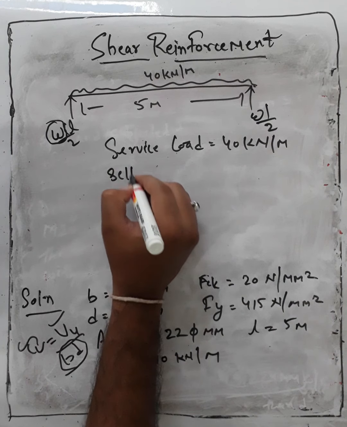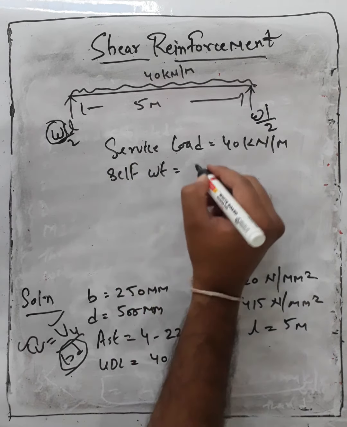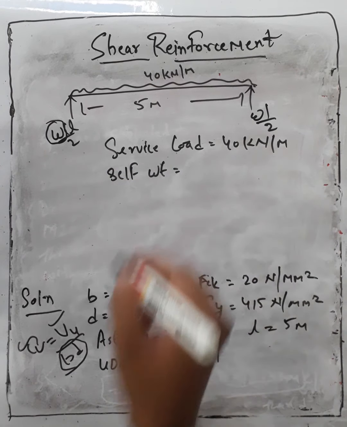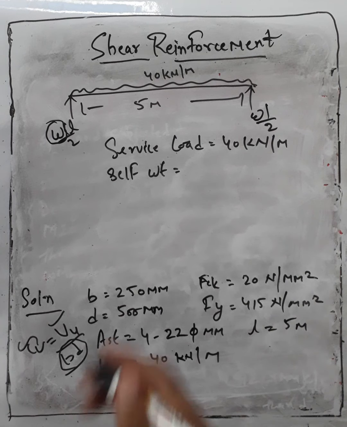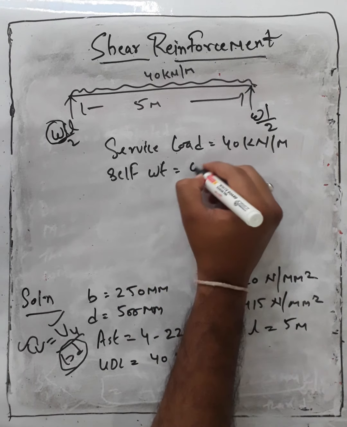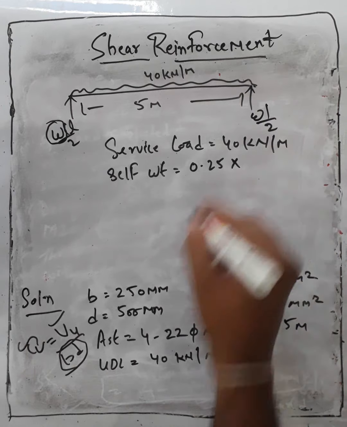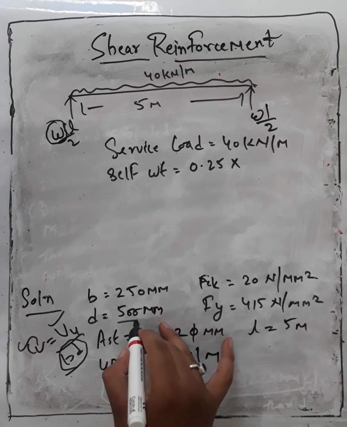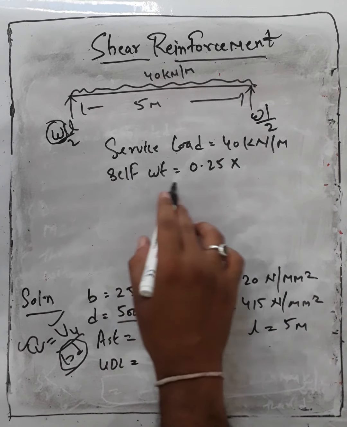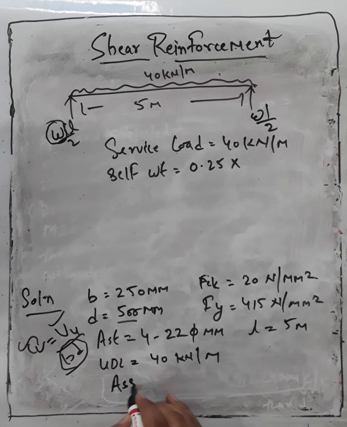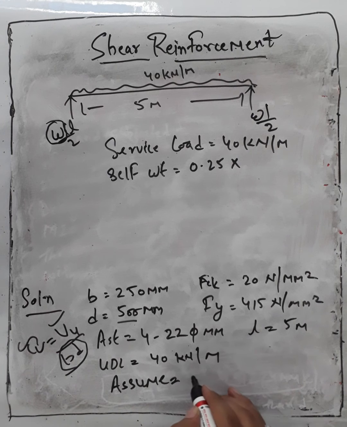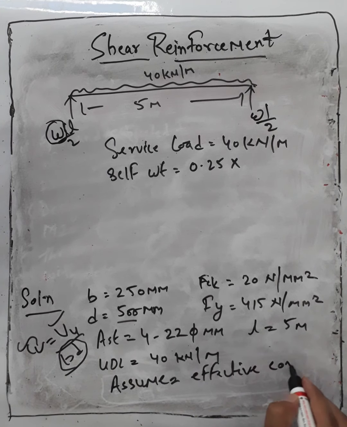So self weight is equal to B into D into density of concrete. Here B is 250, so 0.25, and for D, here we have given small d, but when we find the self weight we require capital D. So here we assume the effective cover is 50 mm.